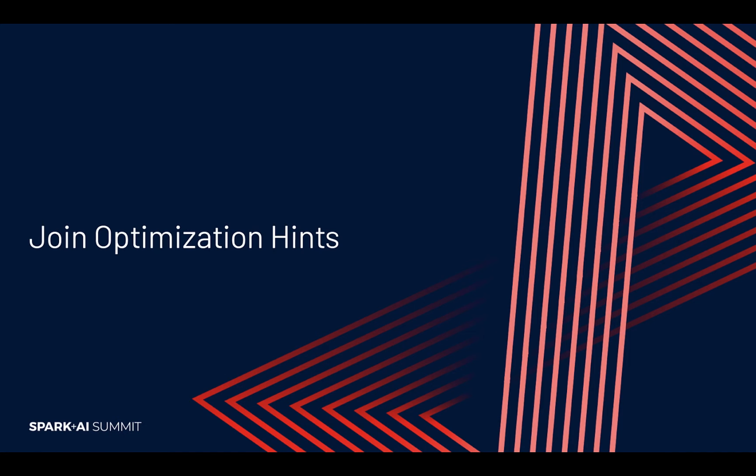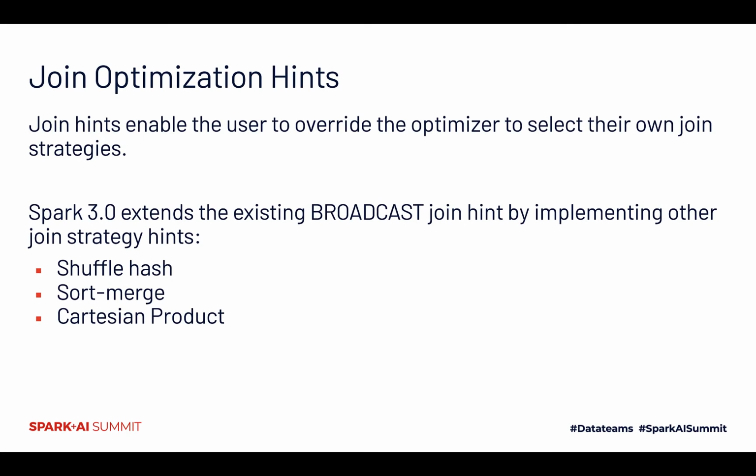Now, let's look at the next opportunity for performance gains that are available in Spark 3.0. In Spark 2.x, you were able to provide a broadcast join hint to recommend a specific join strategy. But there were other join strategies that might yield performance gains, such as a shuffle hash join, and you weren't able to provide hints for these types of joins.